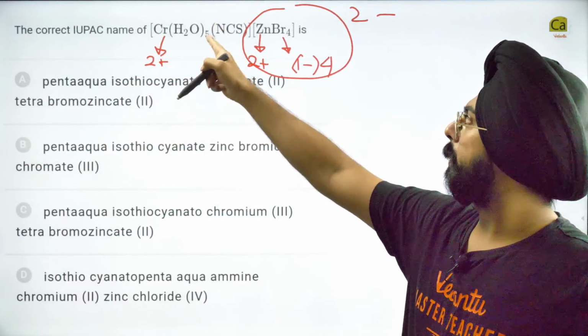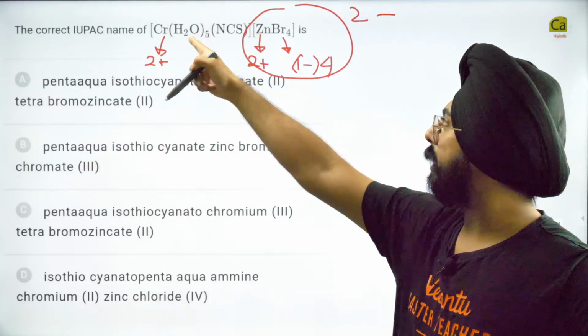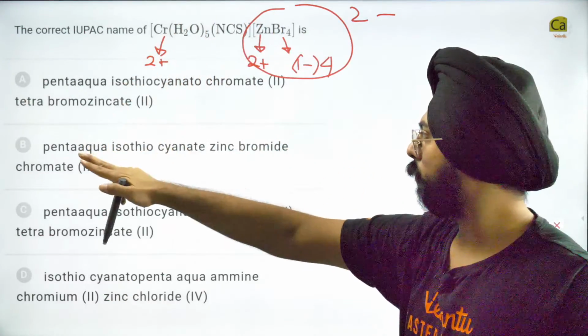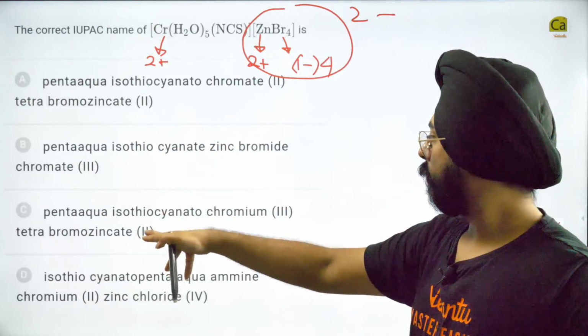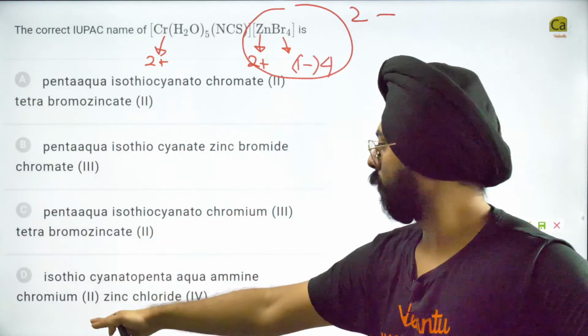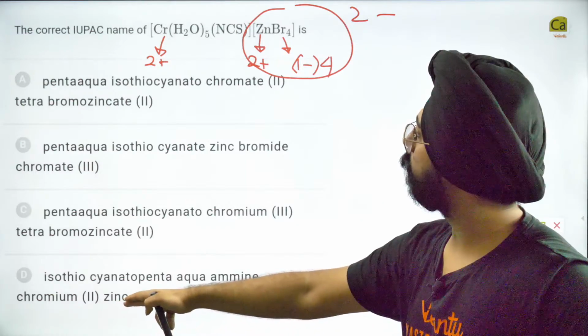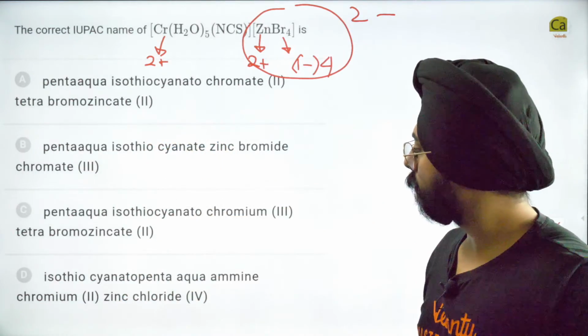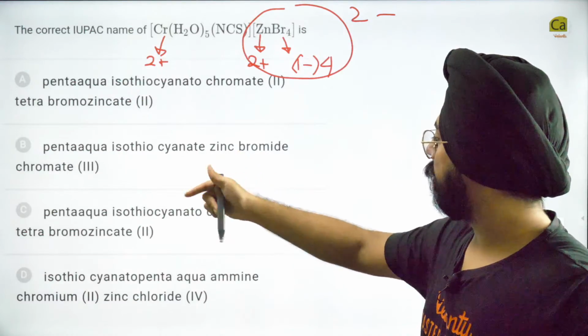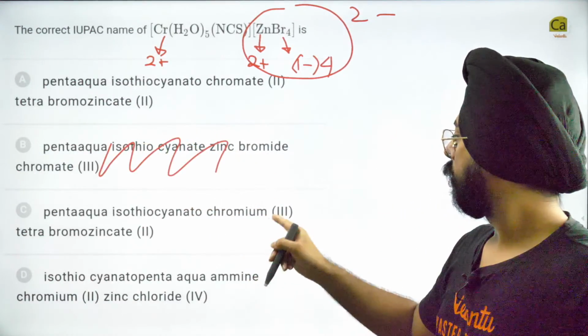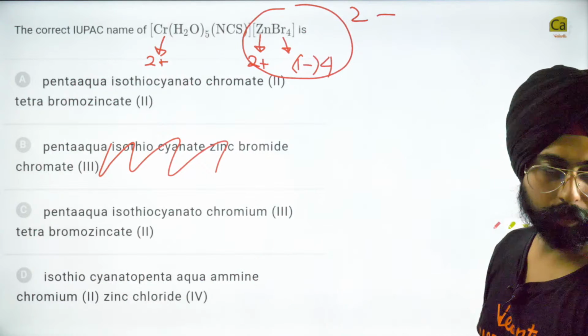So pentaaqua, isothiocyanato, chromium 2... where did chromium 2 go? One second, let's see, this doesn't make sense. Chromium 3 doesn't make sense in my opinion.